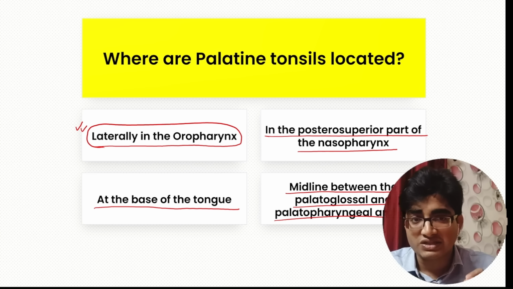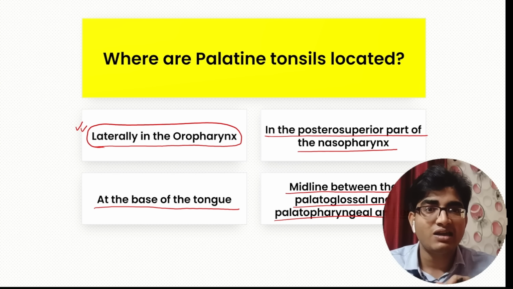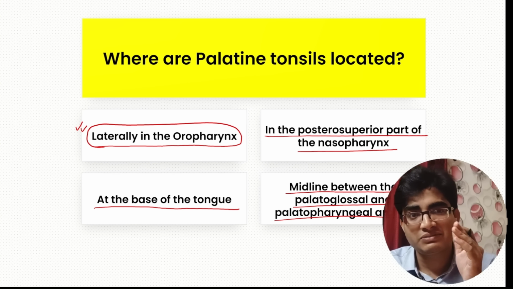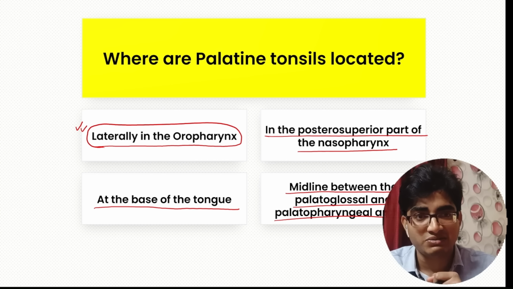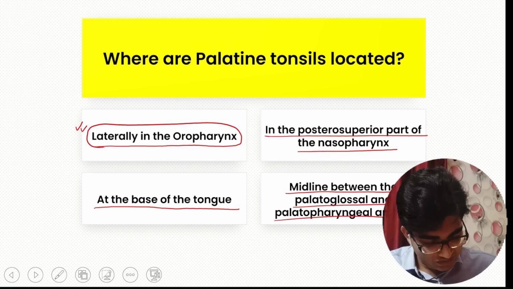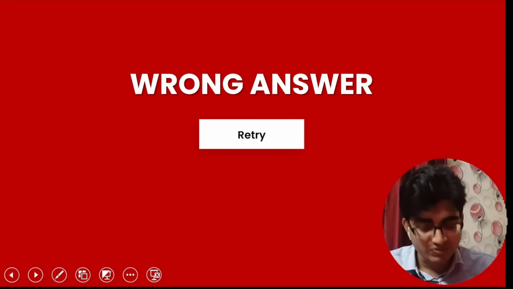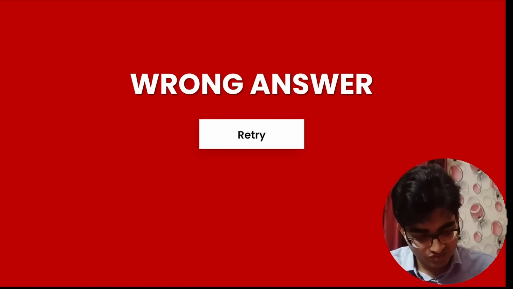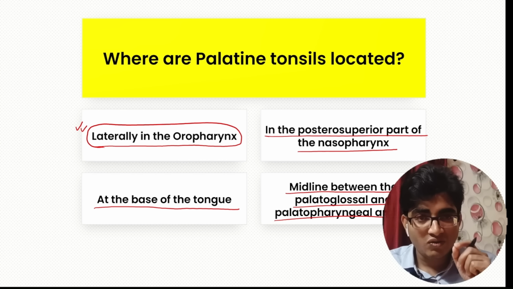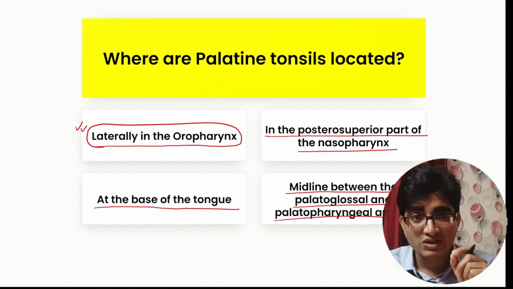If you just glance at the question and the options and conclude that the tonsils are in between the palatoglossal and palatopharyngeal arches, so just go with this option, this will come out to be a wrong one. So this is not the correct approach.